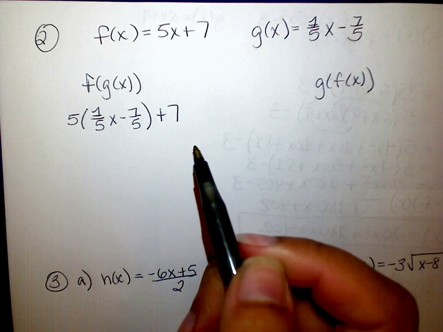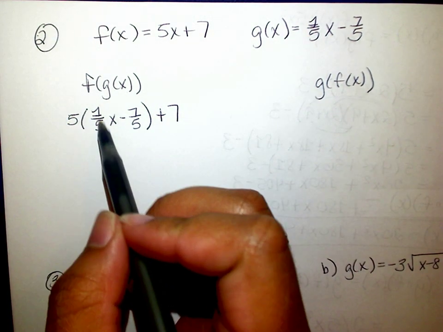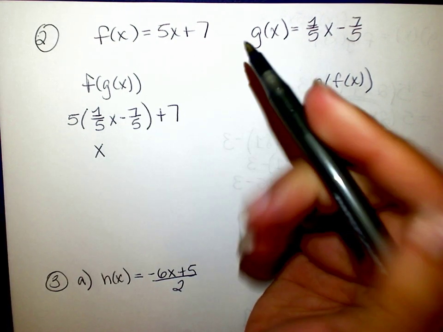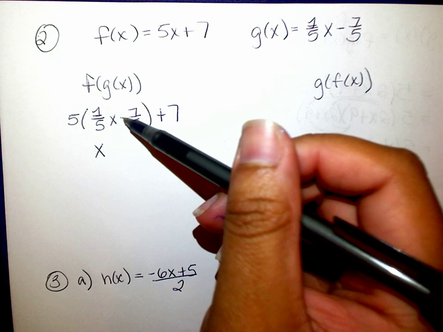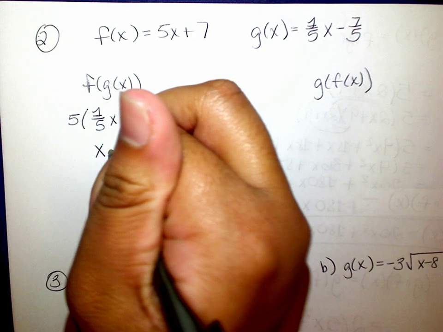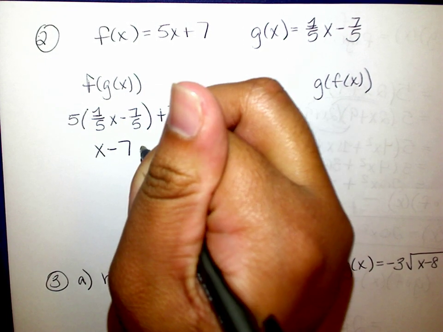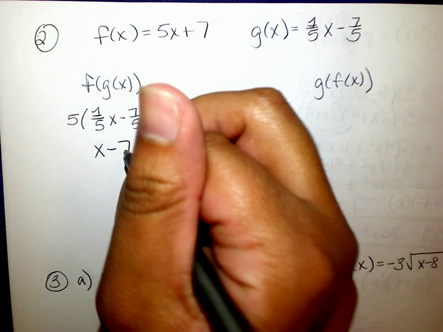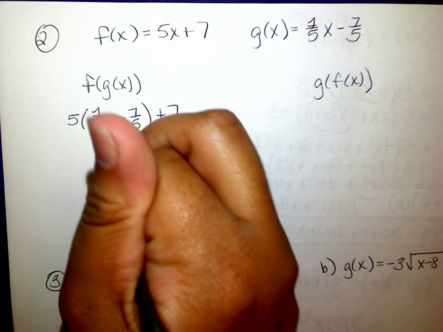So then we're going to distribute 5. 5 times a fifth is 1, so we're just going to have x. 5 times negative 7/5 is just negative 7, and then plus 7 on the end. So then negative 7 plus 7 is 0, so we're just left with x.